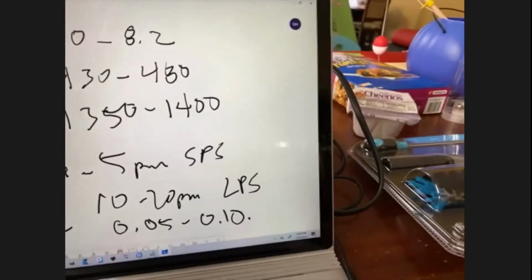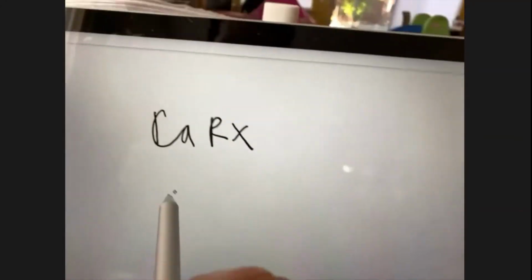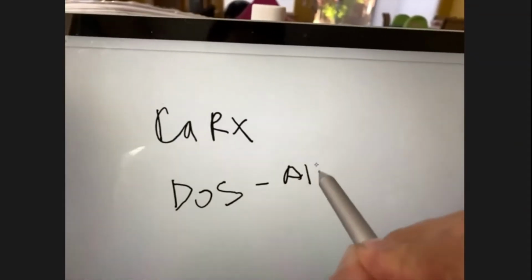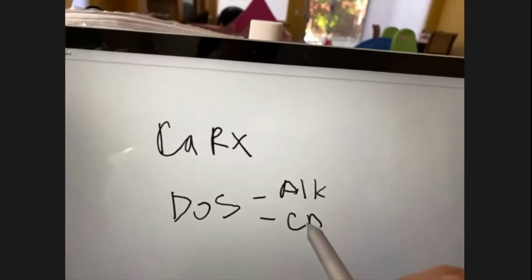Okay, I'm gonna talk about one more thing. In my system, I have a calcium reactor, right? I also have a doser, the Neptune dose, and that does alkalinity. That also does calcium.